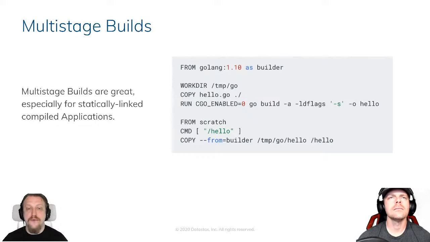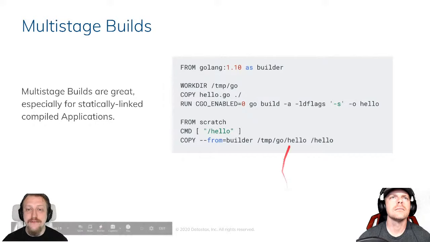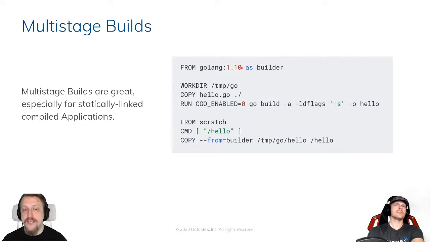In this case, we work with an example of Golang. And in the first line, we say FROM golang:1.10 AS builder. Notice there is no dash slim, no dash alpine or whatever. We don't need that. Let's take a look at why. This Golang image may be pretty big, I don't care. First, we set the working directory.